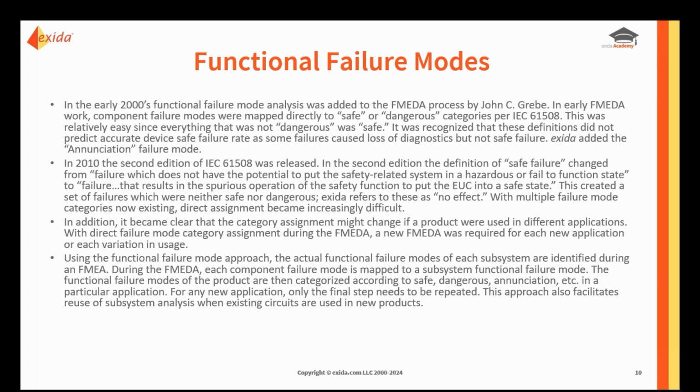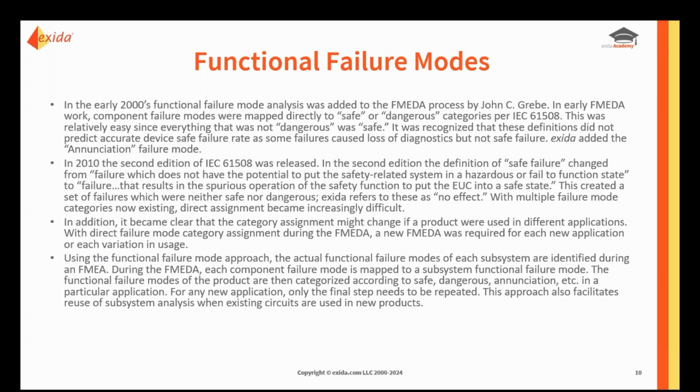The second edition of IEC 61508 came out, and the definition of safe failure changed significantly. In the first edition, it used to be a failure which does not have the potential to put the safety-related system in a hazardous or fail to function state. In other words, if it's not dangerous, it's safe.